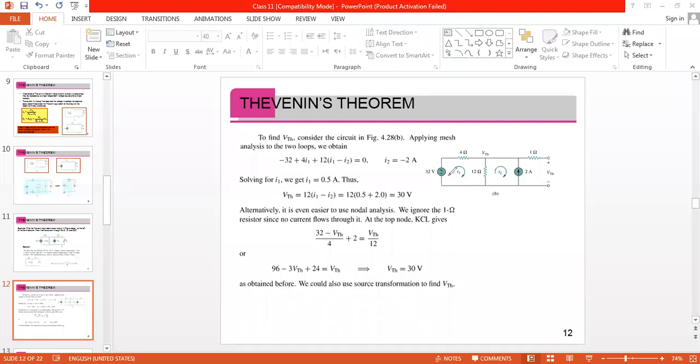So the voltage that's rising here in this branch is 32 volts. The total voltage rise will always be equal to the voltage drop. So first, the voltage being dropped here is equal to I1 into 4, so 4I1, plus 12 into (I1 minus I2).